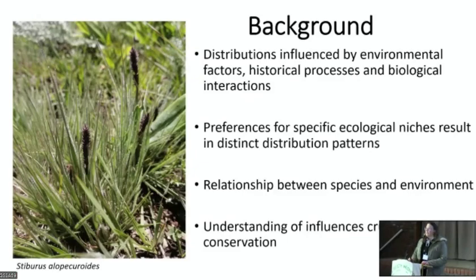Each plant species has a specific ecological niche that is caused by these abiotic and biotic factors, which result in a distinct distribution pattern across various scales. This distribution reflects the intricate relationship between a species and its surrounding environment. And understanding these influences is crucial for conservation efforts and for allocating resources to regions of crucial ecosystem functioning.